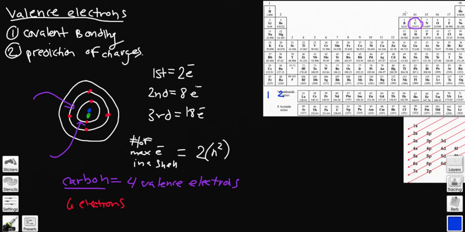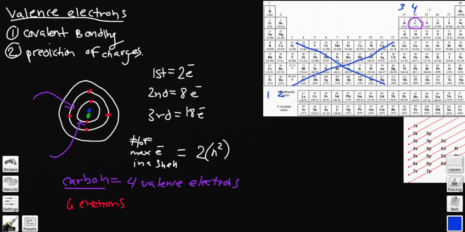We're going to skip all of these transition metals. We don't care about them for the majority of this class. Everything in group 13 is going to have 3 valence electrons. Everything in group 14 is going to have 4 valence electrons, so carbon has 4, which we just proved over here.